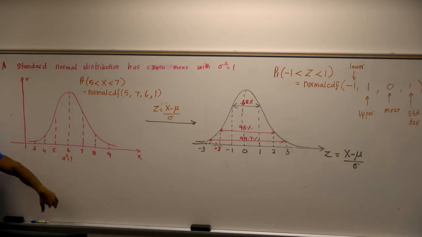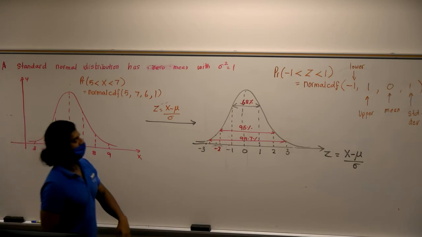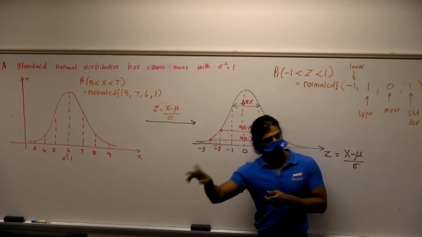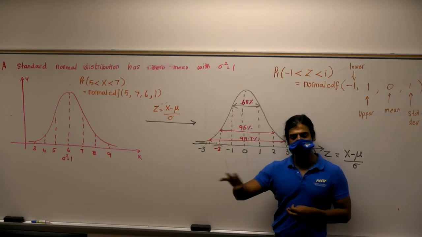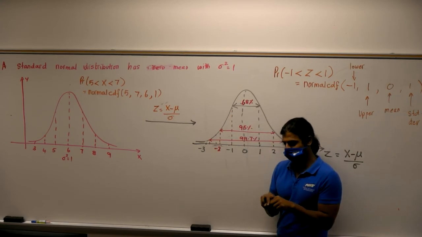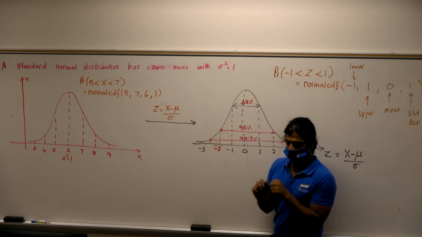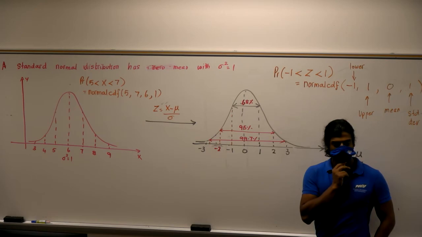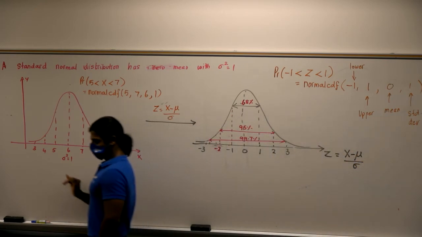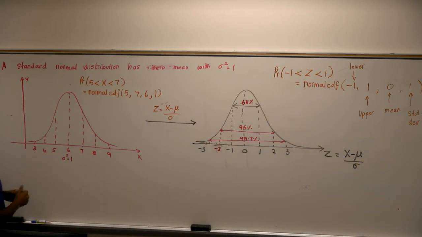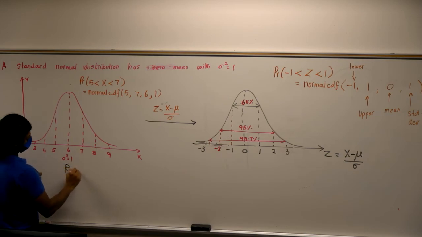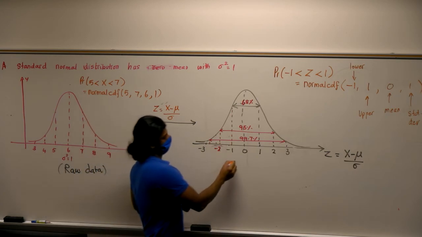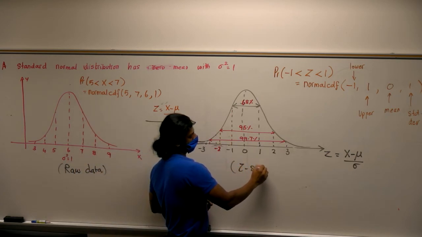Why did I bring this up? When you do the homework, it might say, use this table in the back of the textbook, or use the appendix to use the table and get a probability between two numbers. You don't have to, right? So this is raw data. Those are z-scores.